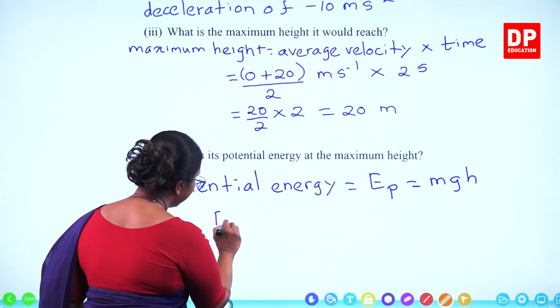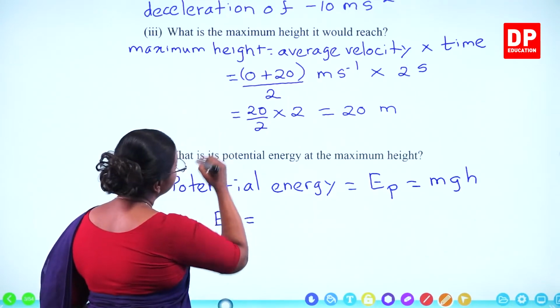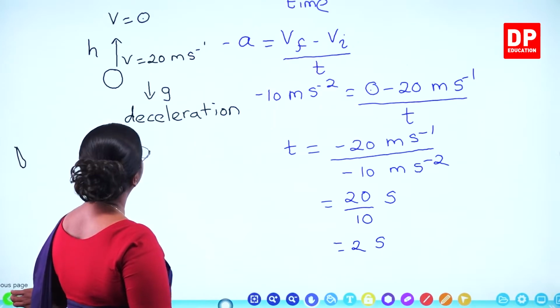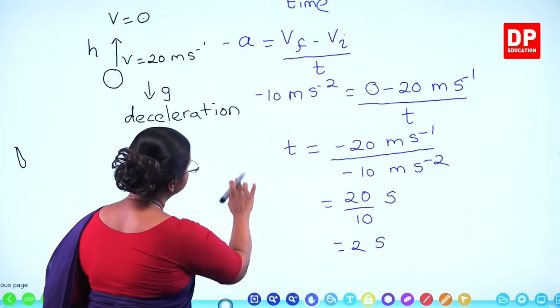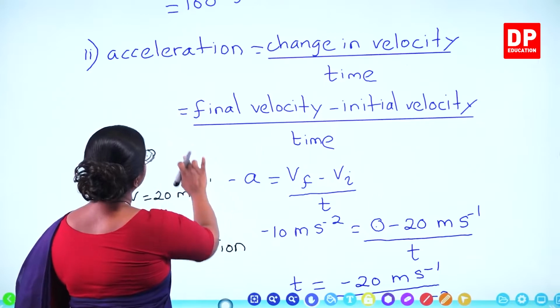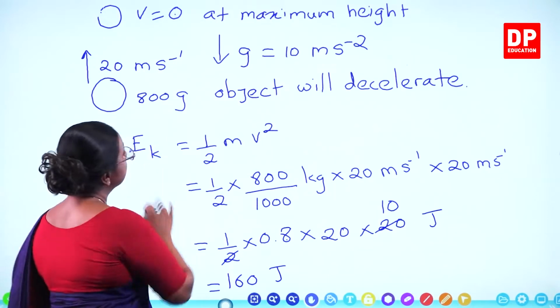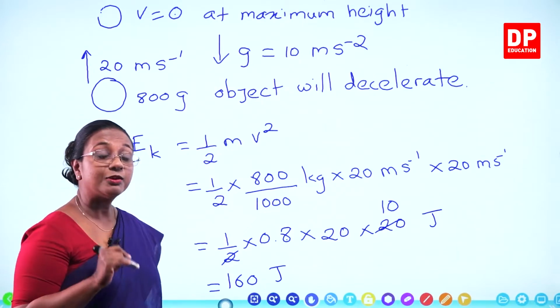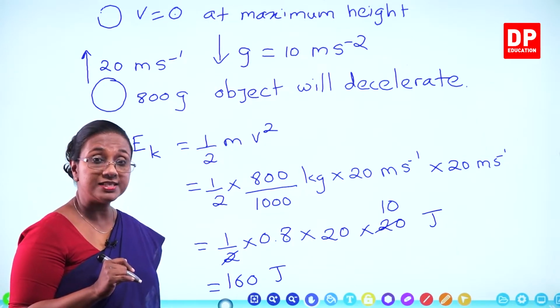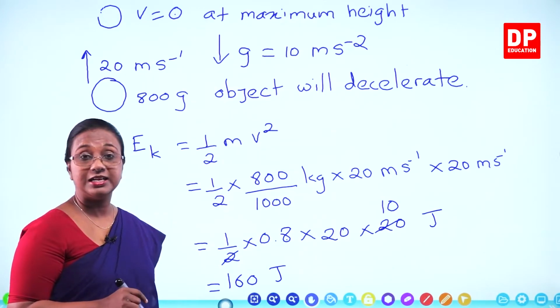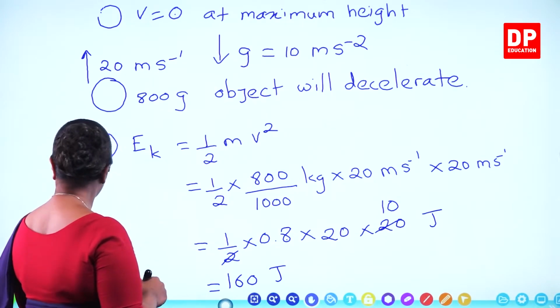So to calculate E potential, you need the mass. If you can remember, if you go back to the question, you can see here, students, 800 grams. So we calculated the mass in kilograms as 0.8 kilogram. Here you can see we have calculated it as 0.8 kilogram.